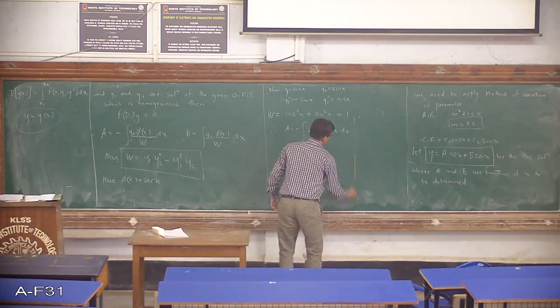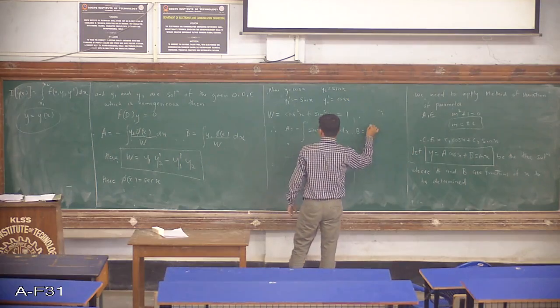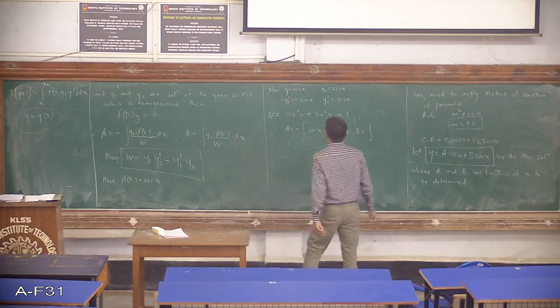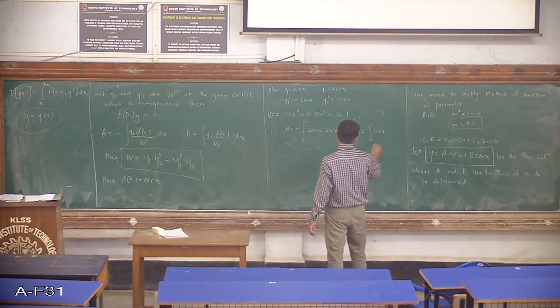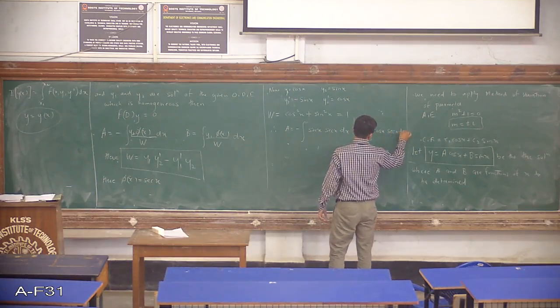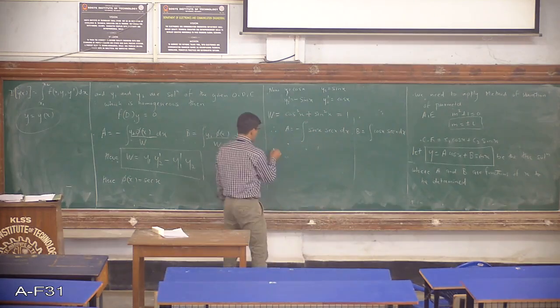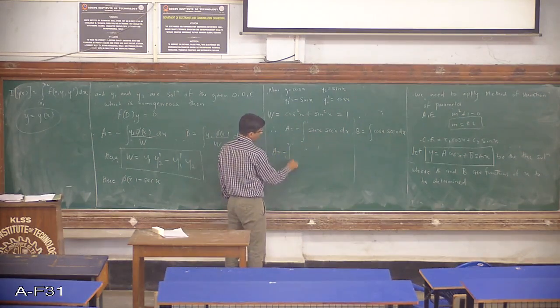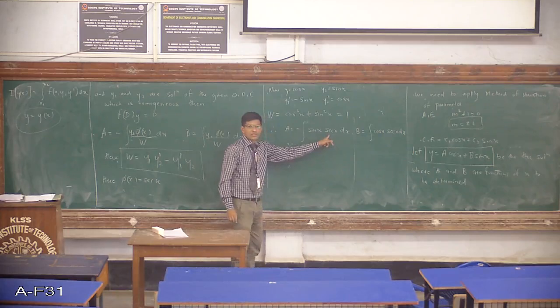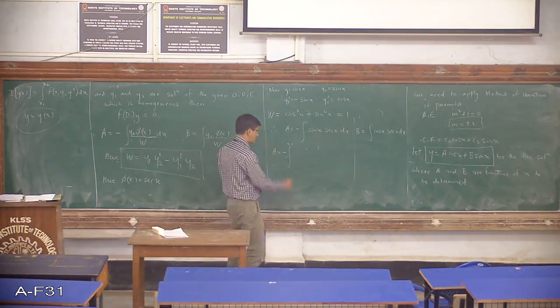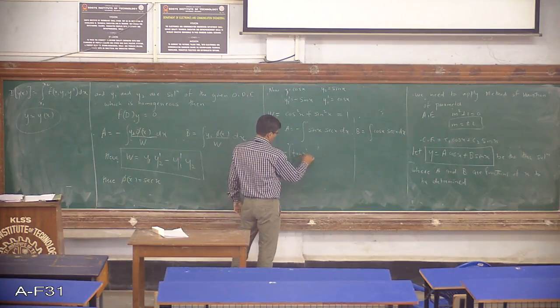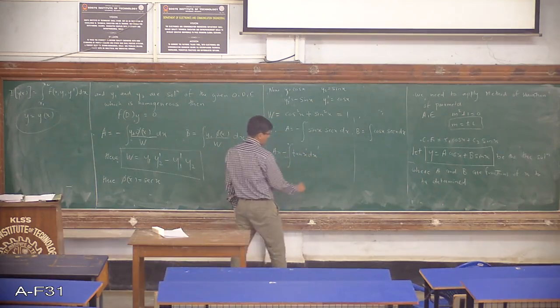Similarly, b is the integration of y1, which is cos x, times sec x dx. So a is minus the integral of sin x times sec x; writing sec x as 1 by cos x, sin by cos becomes tan x dx.